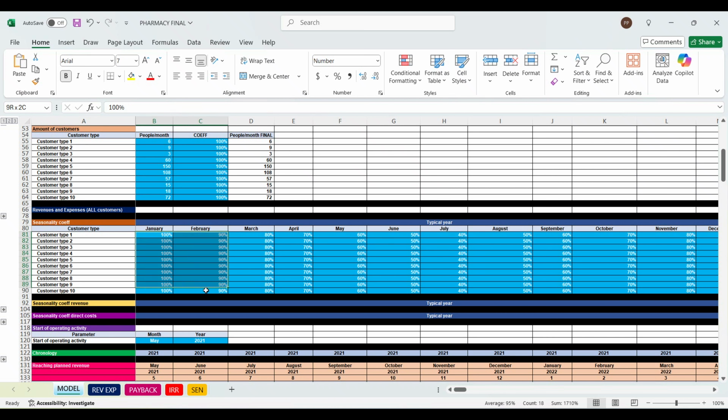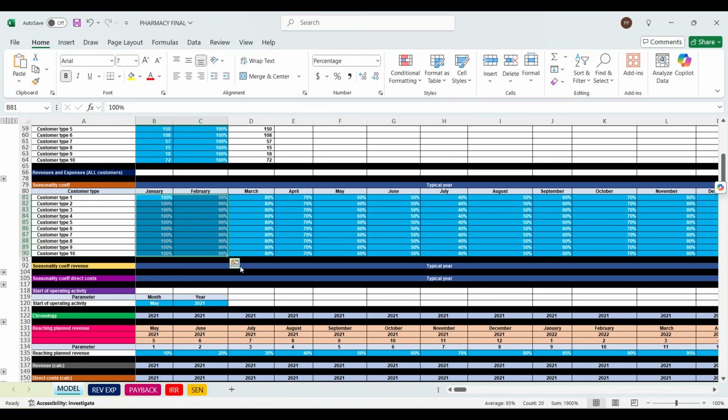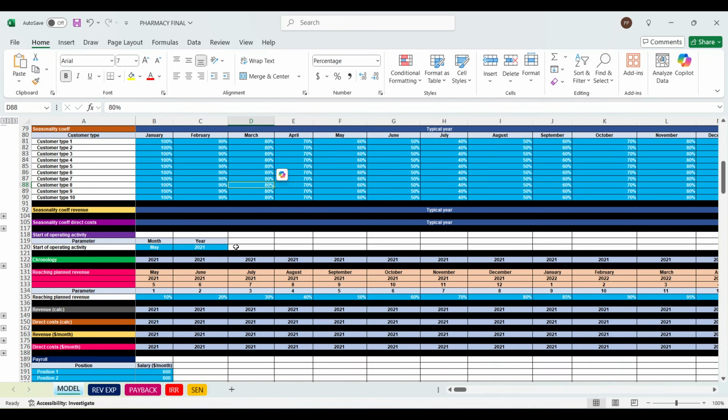When you have a business idea in mind, always start thinking of what type of seasonality affects your revenues, your costs, your types of customers, and so on. This is very important and crucial for the accuracy of your financial model.